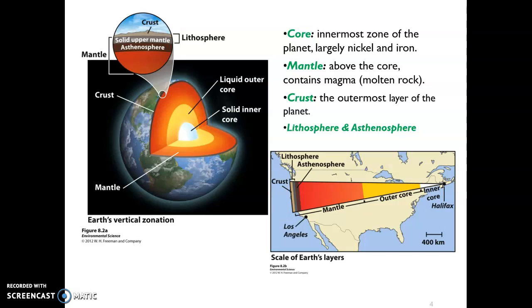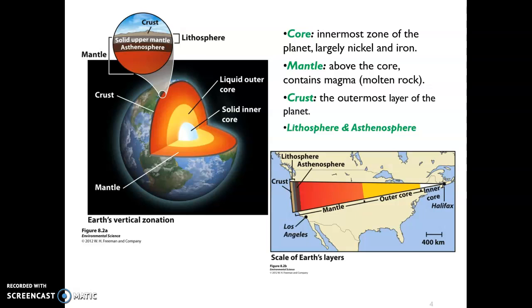It largely has to do with the pressure. The amount of pressure on the inner core makes that nickel and iron, even though it's so hot that it would otherwise be liquid, into a solid. Then you move out to the liquid outer core because it's again so extremely hot that this material is melted and it has a little less pressure being put upon it.